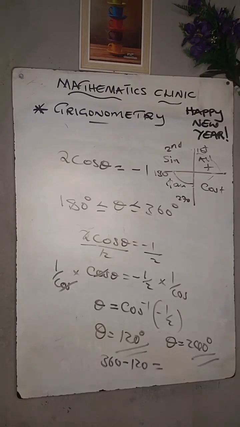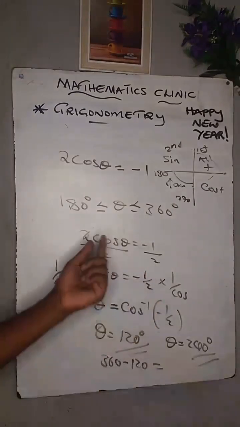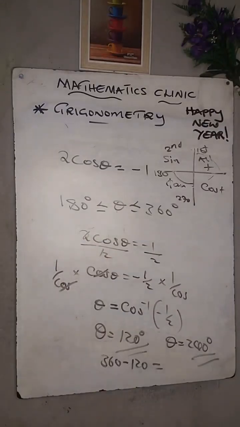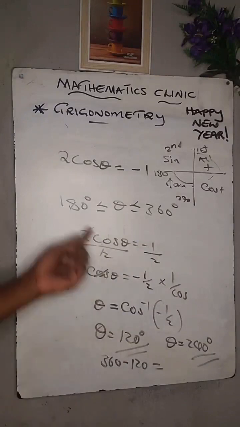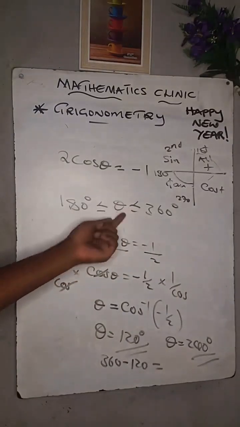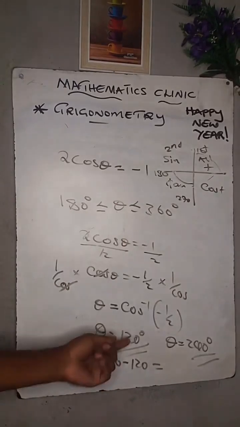That's our angle. Imagine if you didn't have this information: you find 120, and you'd say, I got it, that was a simple question. So this was guiding us. They're saying that theta is greater than 180, so theta can't be 120 because 120 is less than 180.